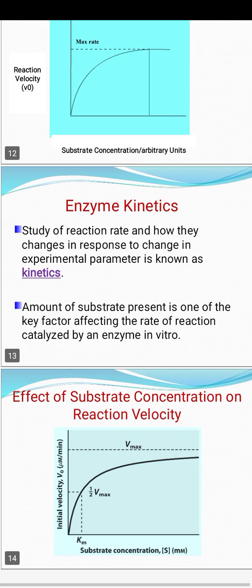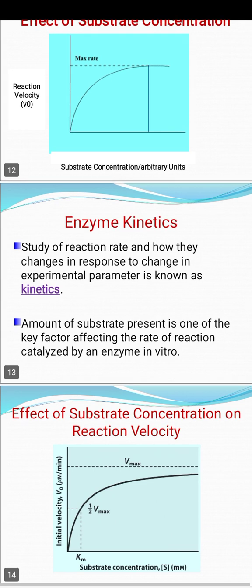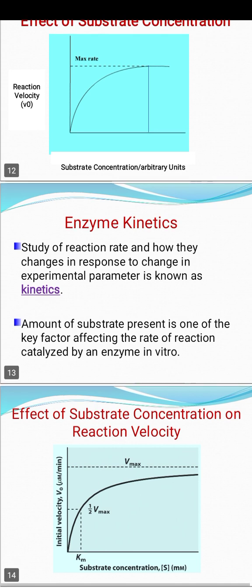Substrate concentration at half the maximum velocity. This last graph shows the substrate concentration and the initial velocity. V0 is the initial velocity. In the upper side of this curve, when the substrate concentration is high and the enzyme activity is complete, there is no effect of the substrate concentration.